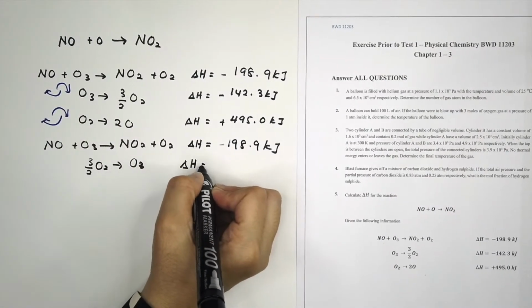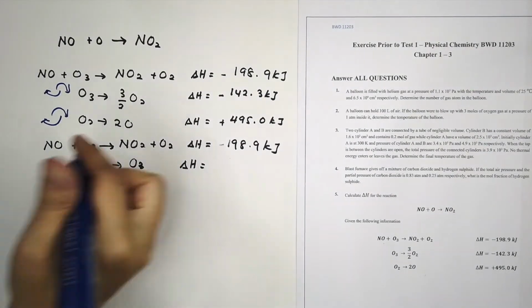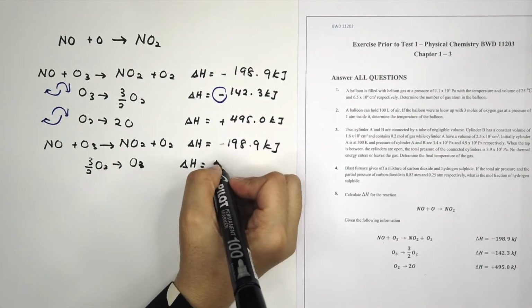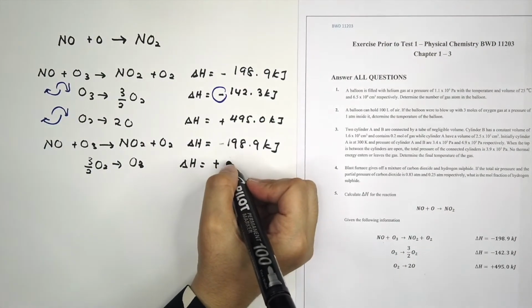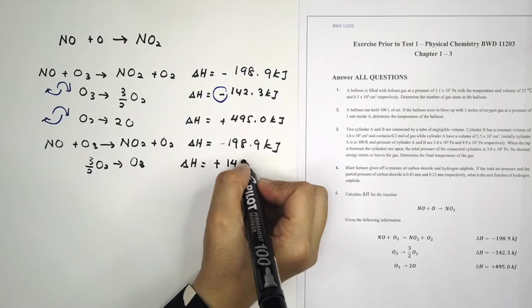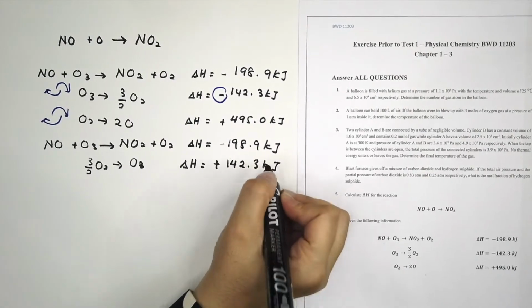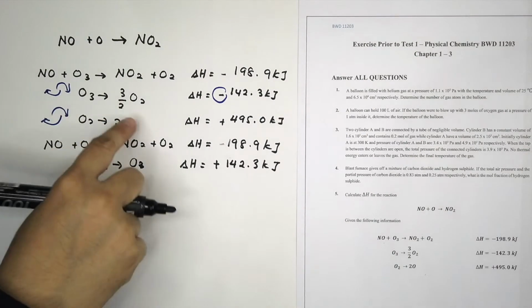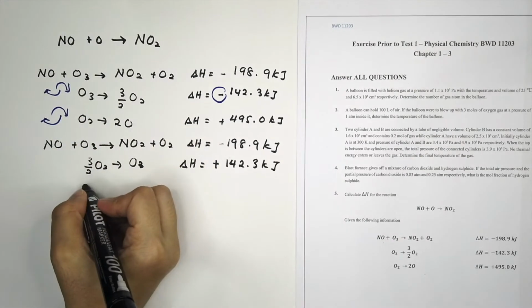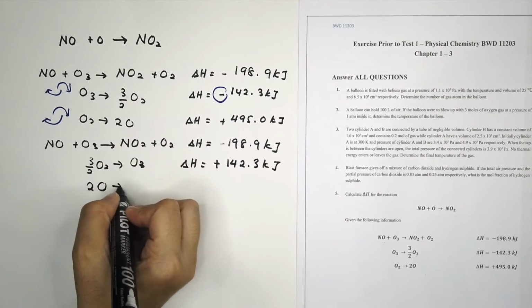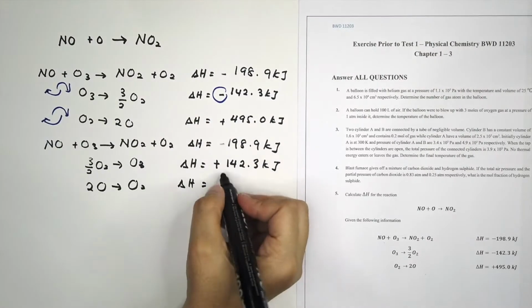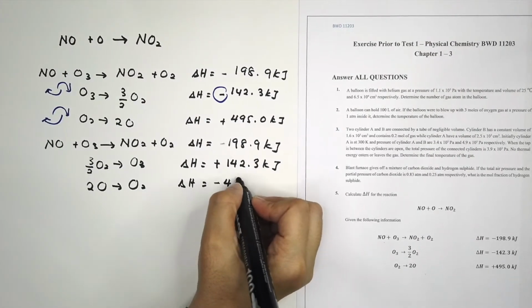For the delta H, because at first it was negative, it's going to turn positive because we swap the places of the reactant and the product. The value shall stay the same, only that we change from negative to positive. The same goes with this one. We are going to change the position, so 2O will produce O2, therefore the delta H from positive we are going to change to negative.